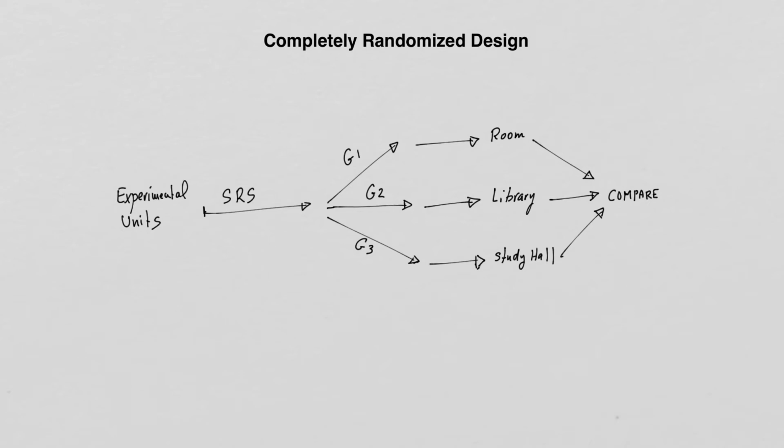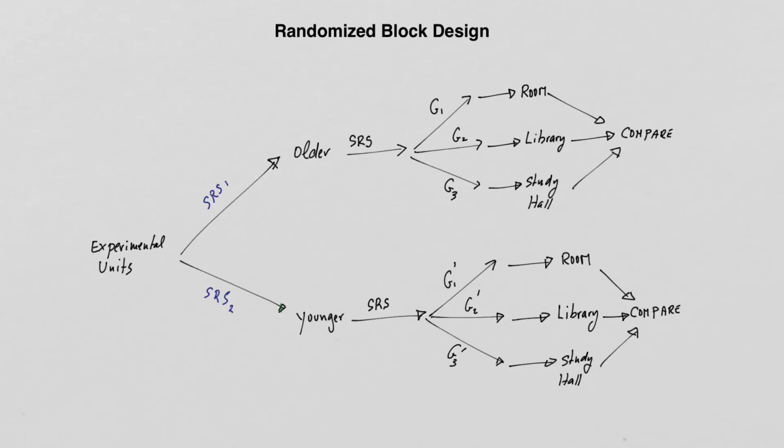The second one is more encompassing of the first one. So the second one, I'm going to use the same example. I have, let's say, 90 students that I'm choosing, but let's say the school believes that older students tend to behave differently from younger students in terms of where they study and how efficient they are where they study.